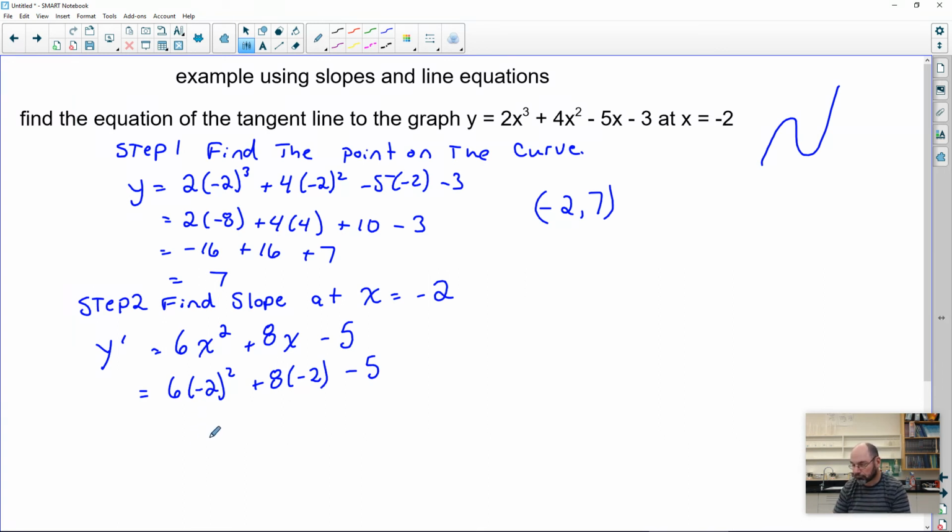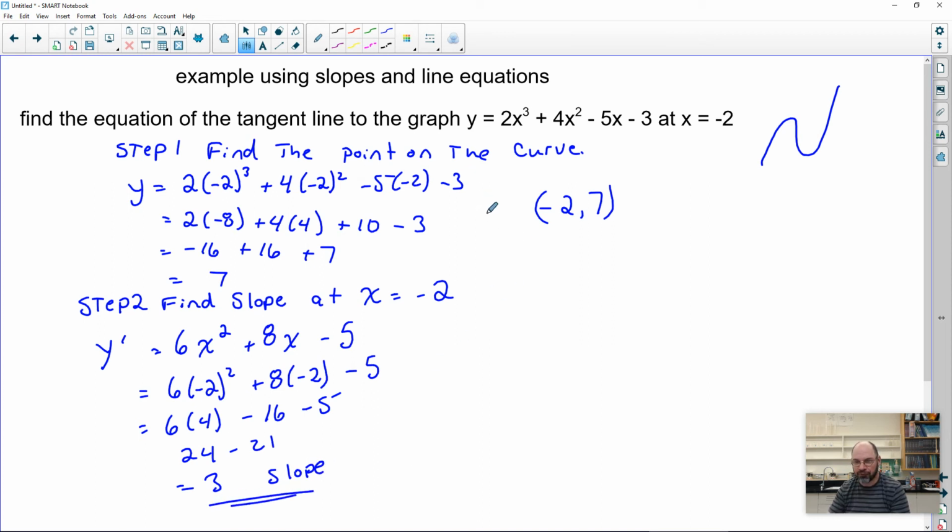Okay. Let's do it. 6 times 4 minus 16 minus 5. 24 minus 21 equals 3. So this is our slope.